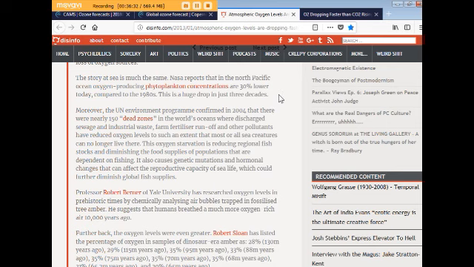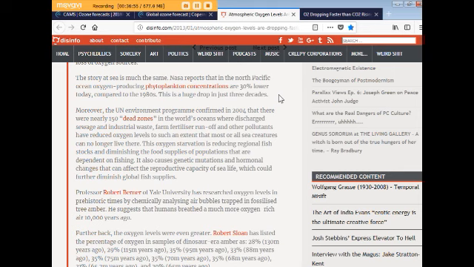The story at sea is much the same. NASA reports that in the North Pacific Ocean, oxygen-producing phytoplankton concentrations are 30% lower today compared to the 1980s. This is a huge drop in just 3 decades.